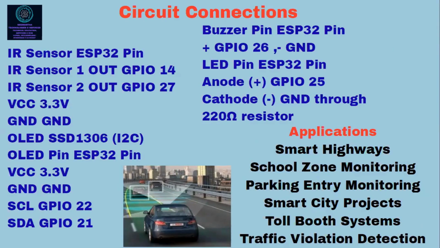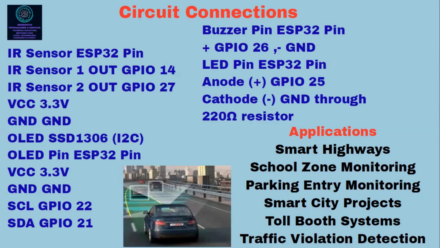Both are supplied with 3.3 volts and ground. The OLED, SSD1306, uses SCL 22 and SDA 21 because it is I2C. As you have seen in others, 21 and 22 are fixed. This also works on 3.3 volts and ground. The buzzer is connected to GPIO 26. The LED is connected to GPIO 25, the anode part, and the cathode is connected to ground through a 220 ohm resistor.